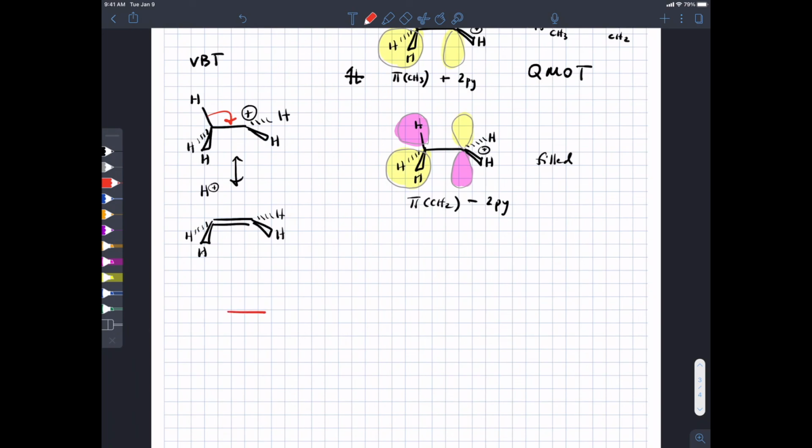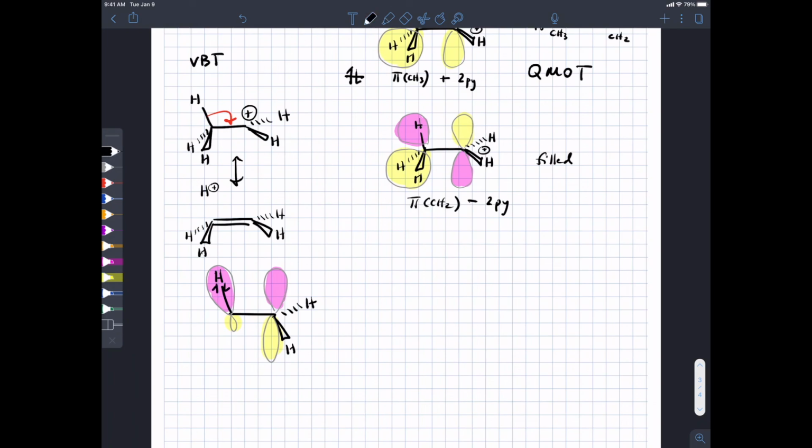Another way of thinking of this, in a somewhat hybrid valence bond and MO theory approach, is to consider that you have an empty p orbital on the positively charged carbon. And then on the adjacent carbon, you have a bonding orbital between an sp3 orbital on carbon and a 1s orbital on hydrogen.